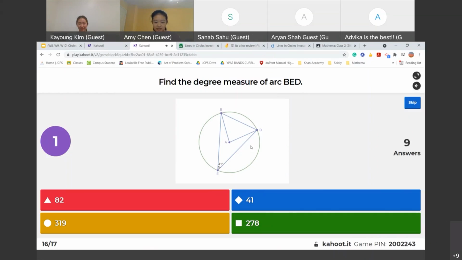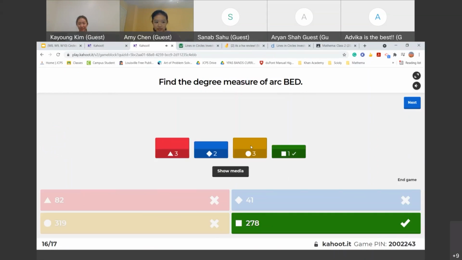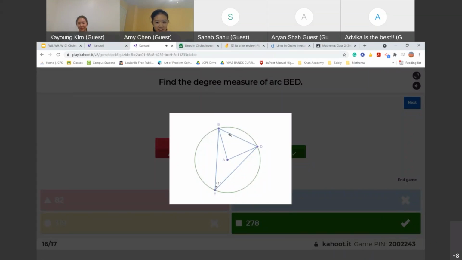Really? I clicked the wrong one. Arc BED. If you paid attention in our first circles class, we talked about the difference between major and minor arcs.